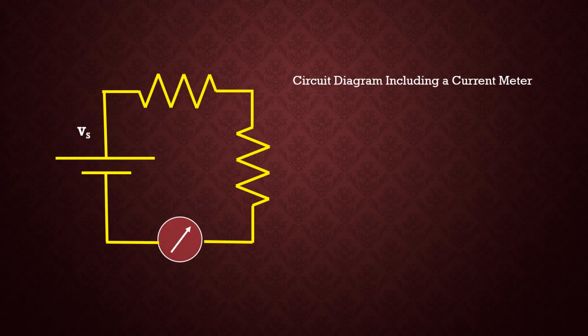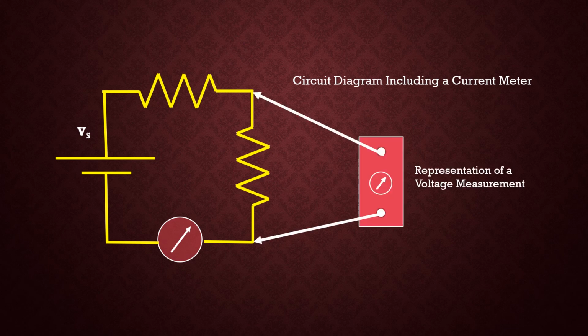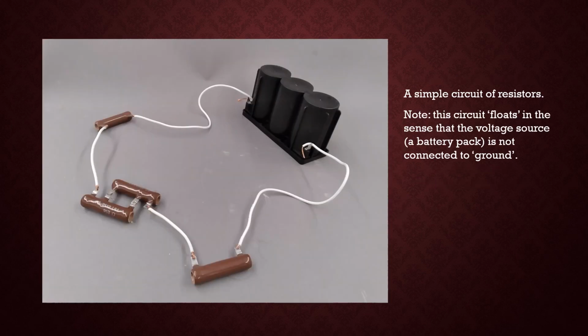So if I wanted to measure the voltage and the current simultaneously, I would put the amp meter, the current meter, into the circuit itself, and then I would apply point to point the voltage meter. I go back to the circuit that I had in the previous part, namely the floating circuit involving resistors and the battery pack.